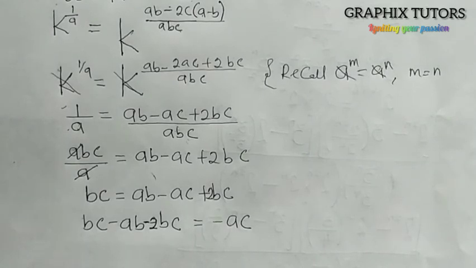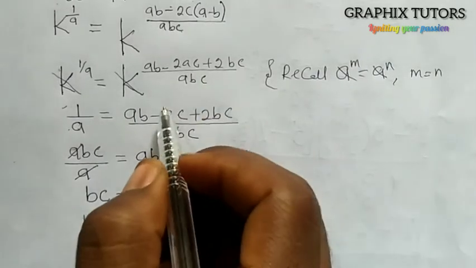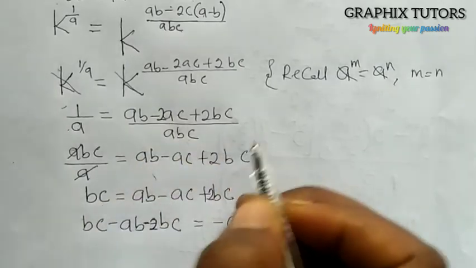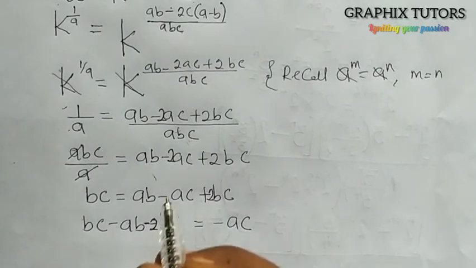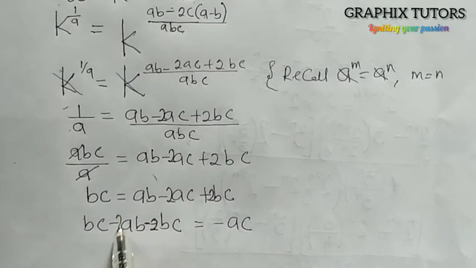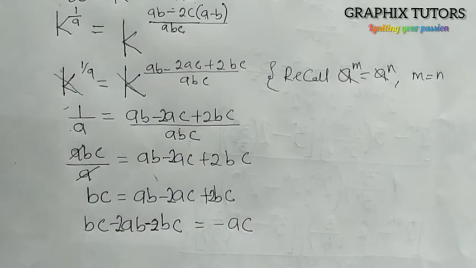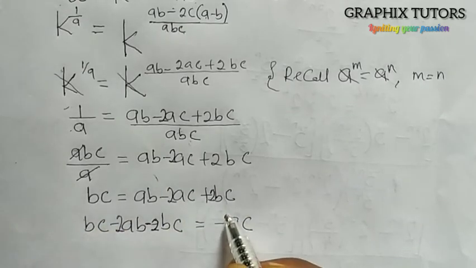From here we'll move forward, and also when we expand, there's a 2 here also, don't forget that, and there's another 2 here too. Sorry for that, right? And also there's another 2 here. So if I take this, my 2 will be here, 2AC here, sorry.